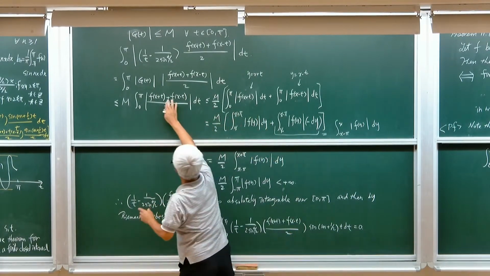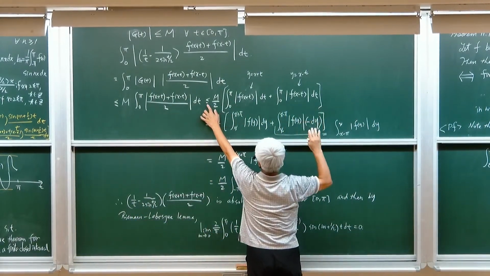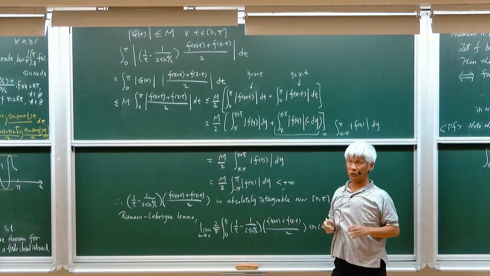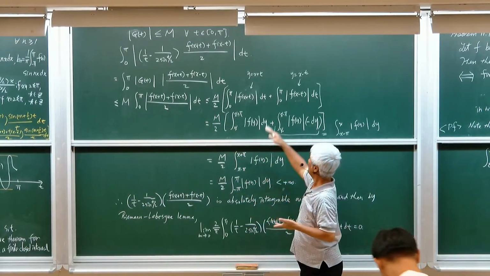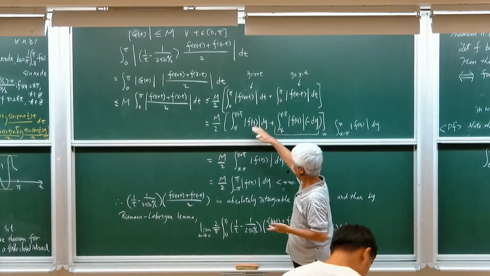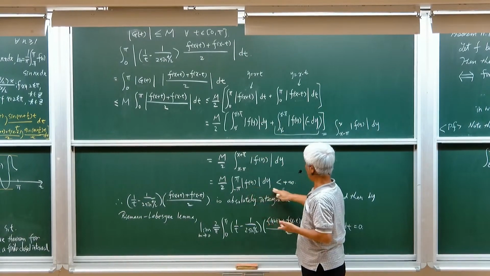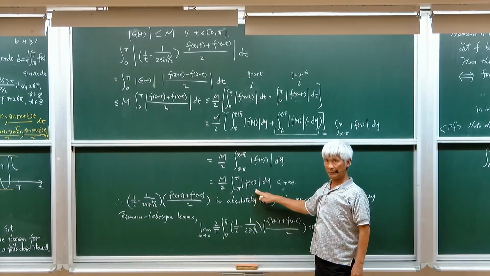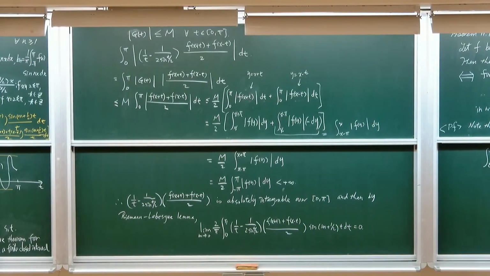When we split this sum, we have these two terms, so by the triangle inequality we have an upper bound. Through this process we end up with this upper bound. So this integrand is absolutely integrable.